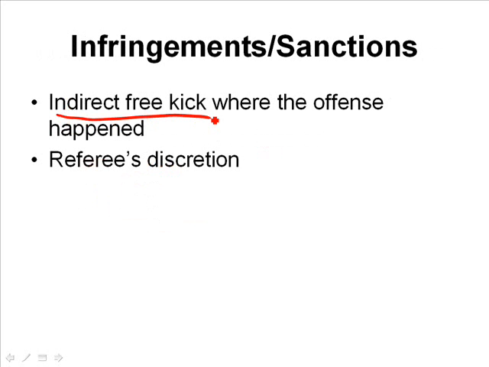The referee will use some discretion when making the call. If the ball is already in control by the offended team, or the offended team has an advantage, he may decide not to call the penalty.